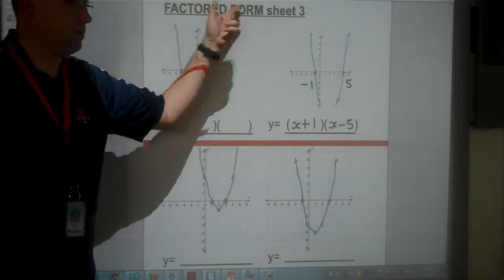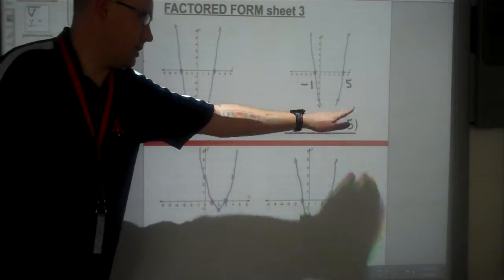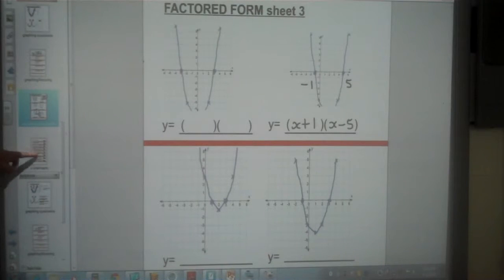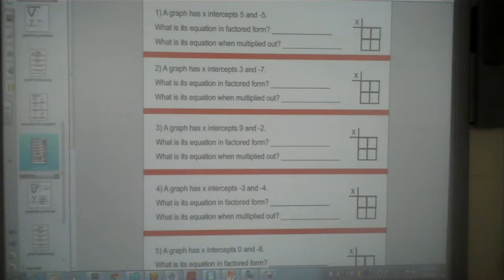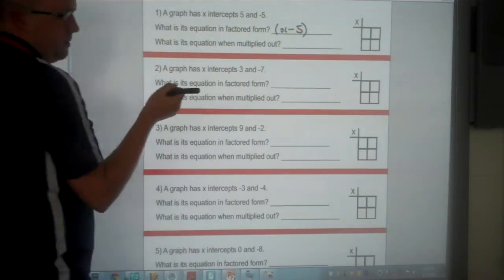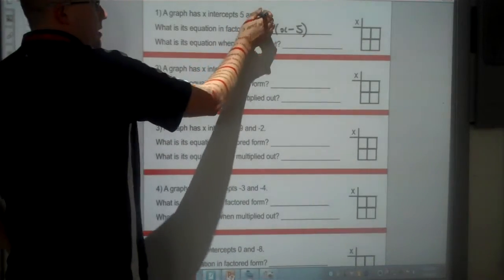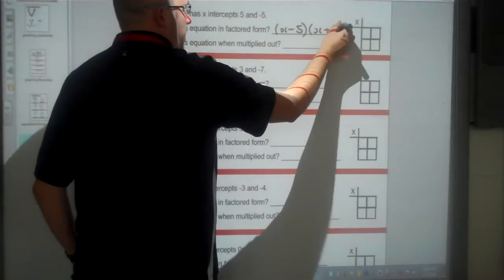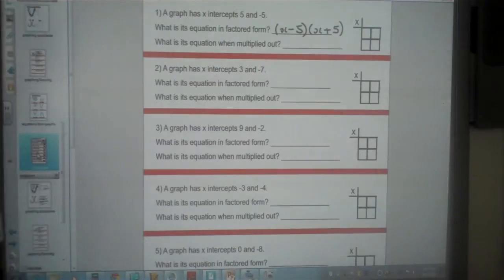Now this question says we're just going to write these in factored form, so I'm not actually going to multiply out using FOIL. However, once we get to the last one, then I am going to do this. So if I have an intercept of 5, then I need to do the opposite, so x minus 5. And if I have an intercept of -5, I need to do the opposite to find out what the factor is.